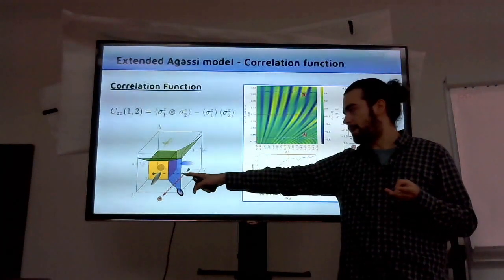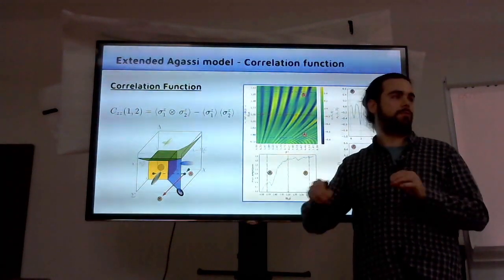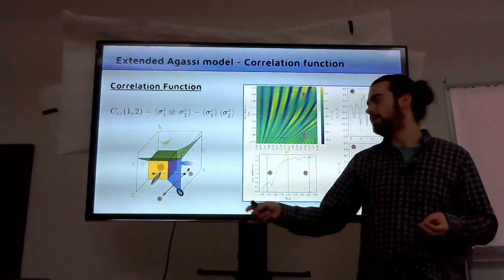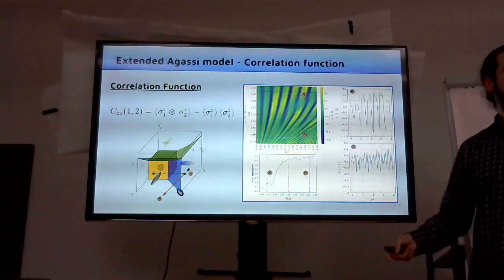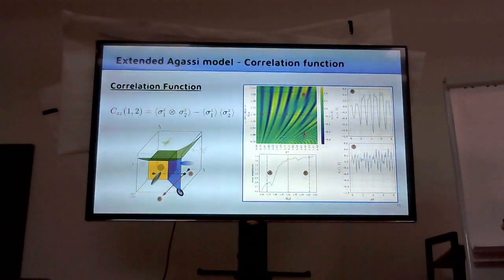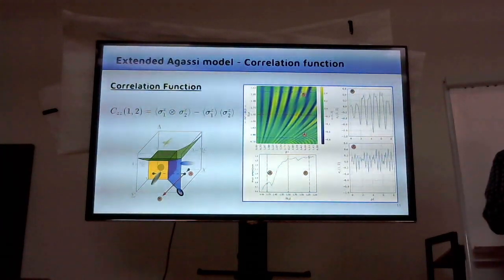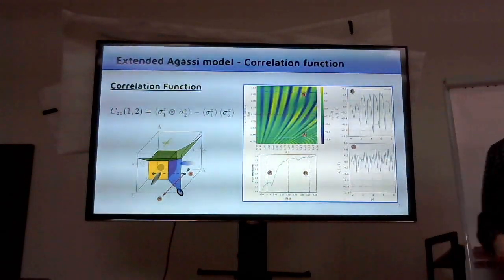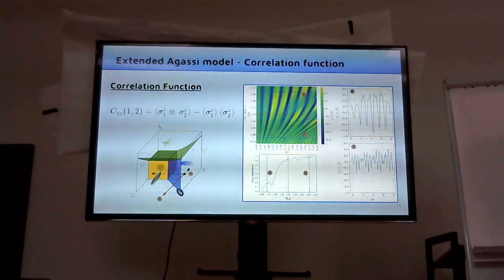Then 2 of those remain constant, and we start moving one of them to see if the correlation function presents any kind of, maybe not discontinuity, but some kind of effect that happens exactly here, which would be the quantum phase transition.